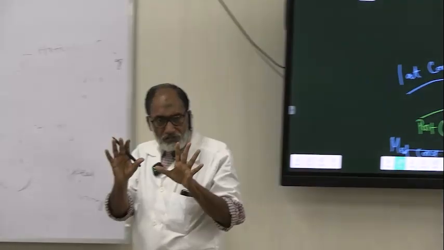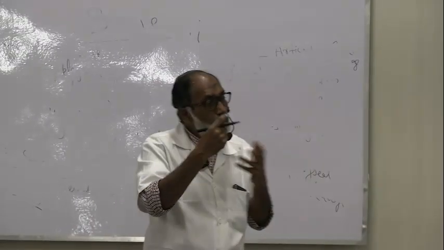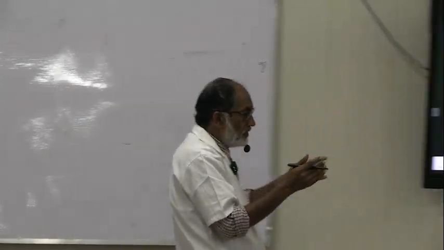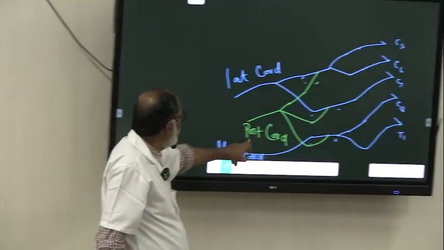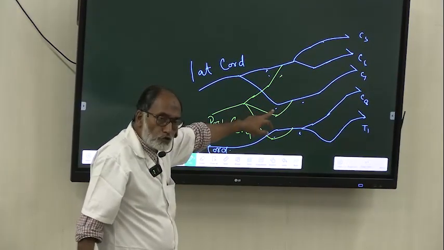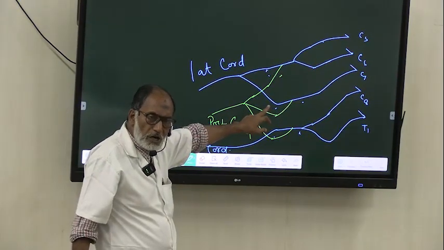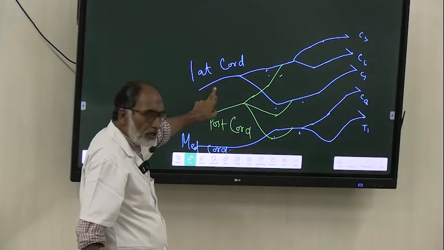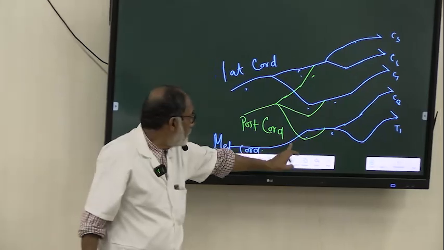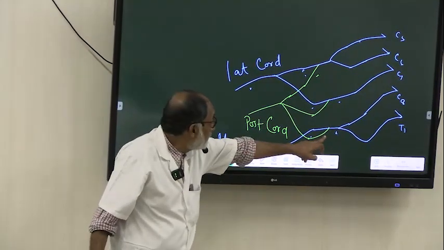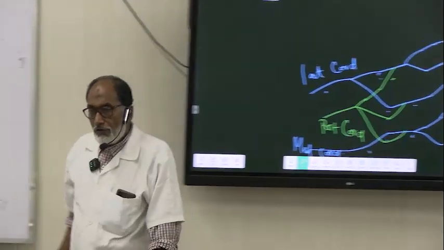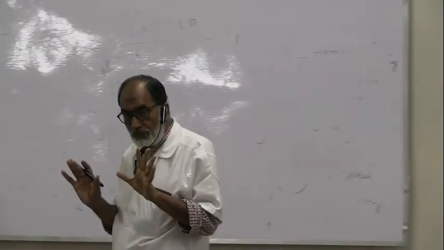Now these trunks again have divided into anterior and posterior branch. All posterior branches have united to form posterior cord, and the anterior division of the middle trunk and upper trunk has formed lateral cord, and the anterior division of the lower trunk has continued as medial cord. So there are 3 cords.